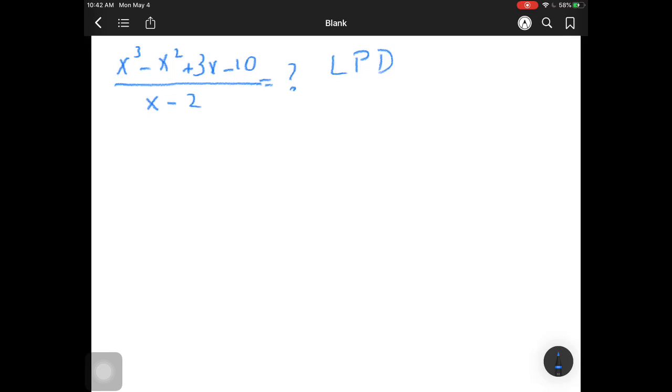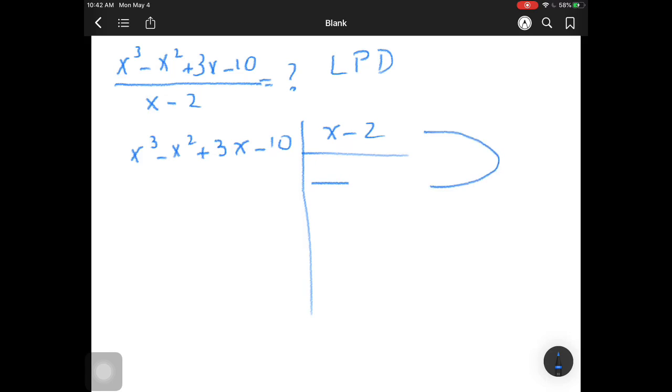So just like regular division, we're dividing x cubed minus x squared plus 3x minus 10 by x minus 2. So now you want to write something here that when you multiply it by x minus 2 and you write the result here, it needs to start with x cubed.